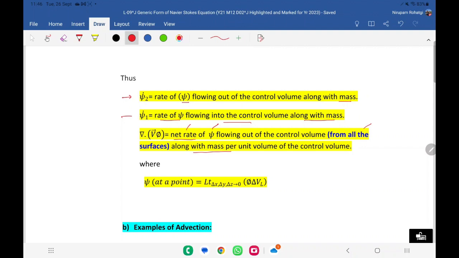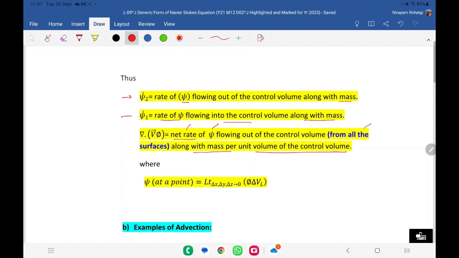So the heat flows because of the flow of the material or the fluid. Of course, in a solid there will not be any flow of material, so there will not be any convection. Convection takes place where? In the fluid only. Per unit volume of the control volume, that is clear.